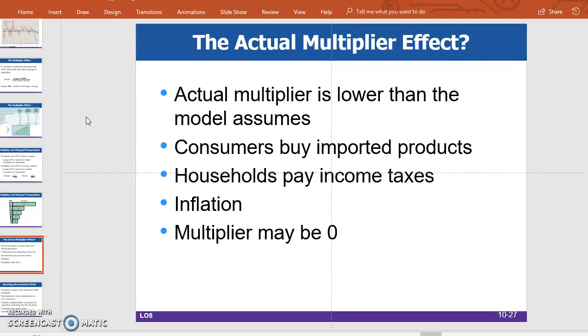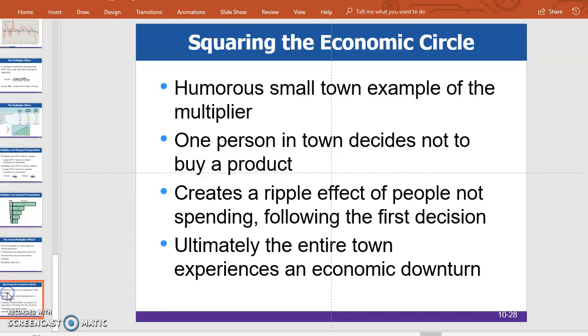As a result, even if people spend more money, the purchase of goods and services will not be high, so the income of the producers will not be so high in real terms. So many people say that in real life, because of these imported products, taxes or inflation, the multiplier may be 0.